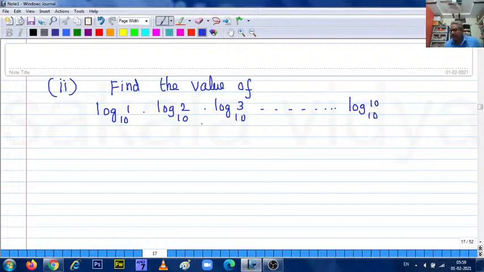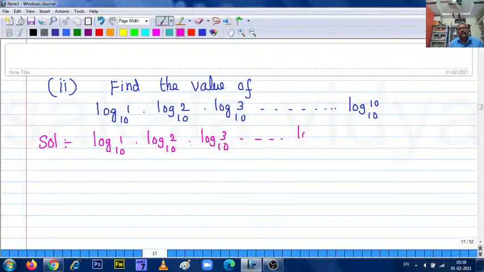It's a very interesting problem. See the solution. We are asked to find log 1 to the base 10 into log 2 to the base 10 into log 3 to the base 10 into so on, log 10 to the base 10.